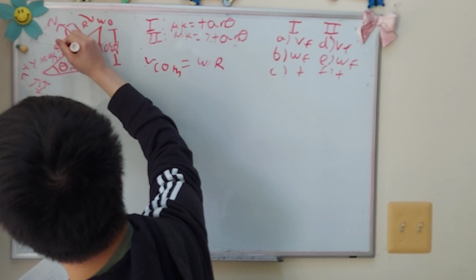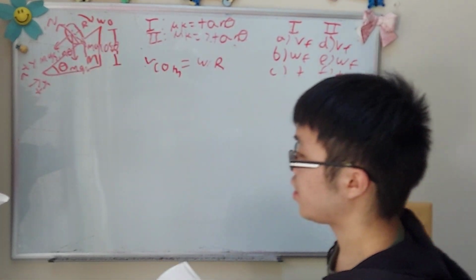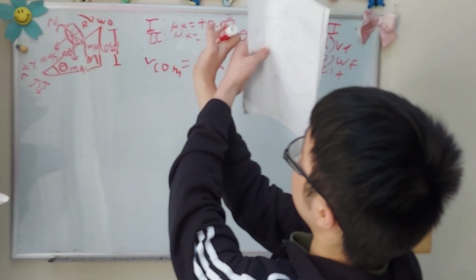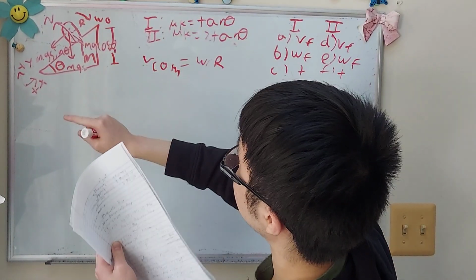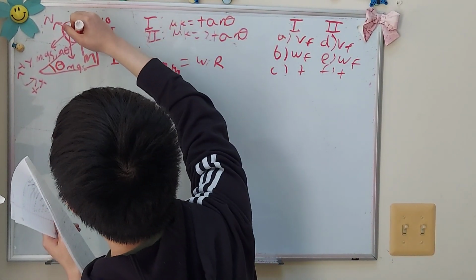Because it's rolling with slipping, that means it spins that way. That means it's rubbing against the incline in this direction, which means that the force of friction has to be in the other direction.